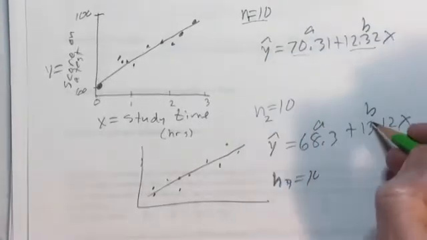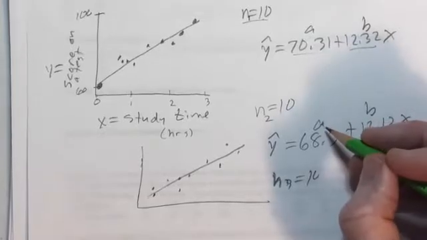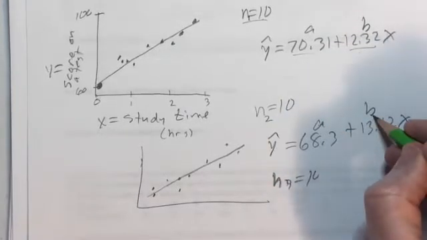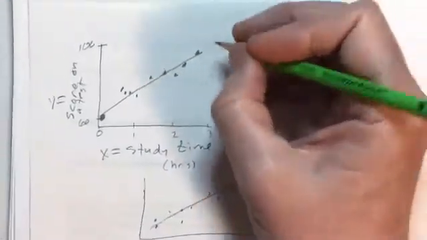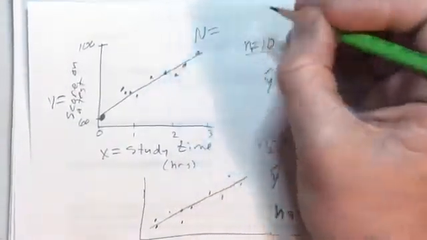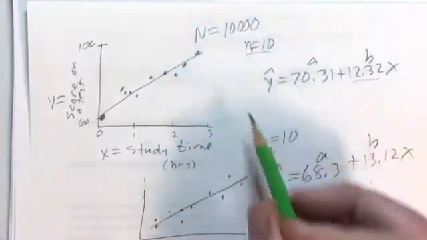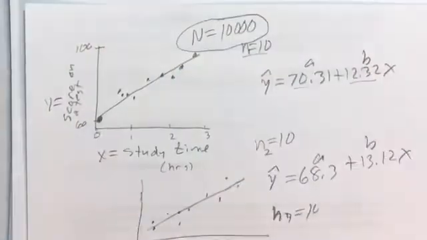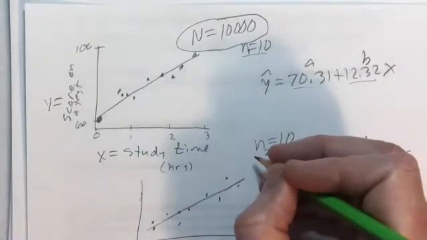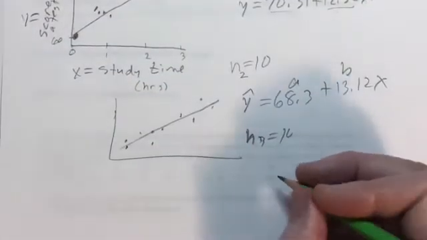They are estimates of the population y-intercept and the population slope that we would get if we did it for the whole population. Say our population was every student in this district, and there's like 10,000 students in this district. If we looked at all 10,000 students in the whole population and came up with 10,000 points, that would create what is known as a population least squares regression line.